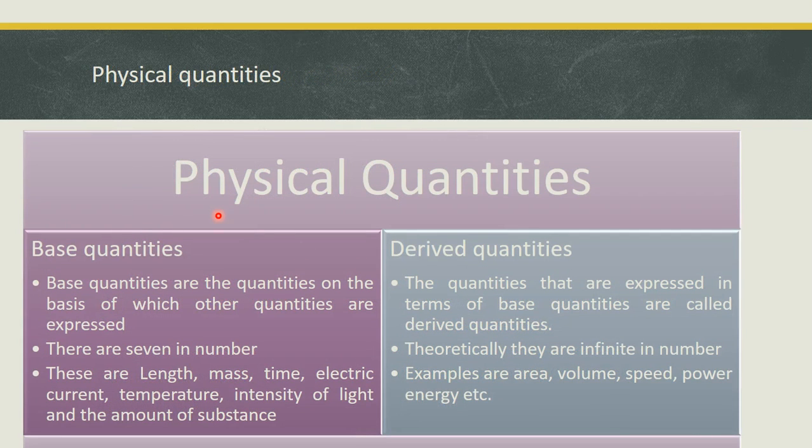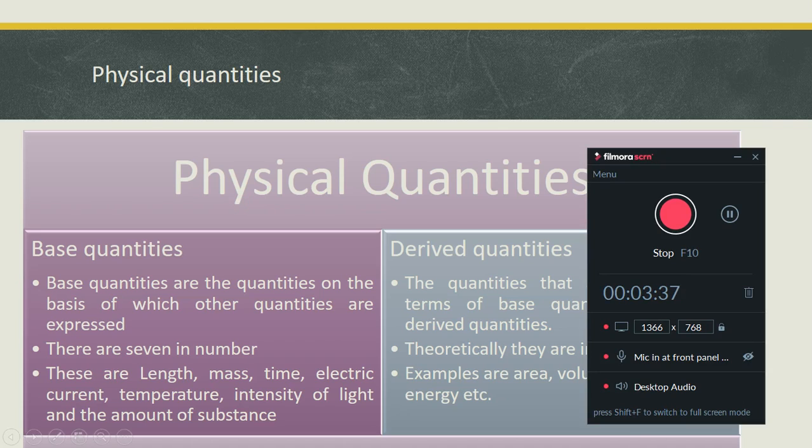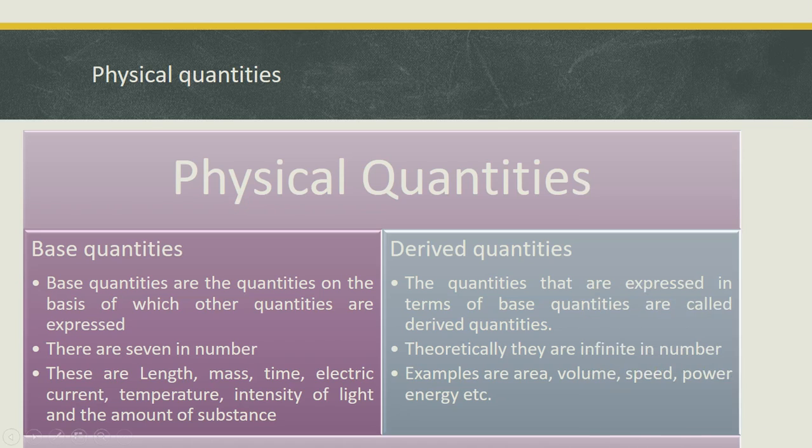Similarly, physical quantities are divided into two types. The first is base quantities, and the other is derived quantities. Now what are base quantities? Base quantities are the quantities on the basis of which other quantities are expressed. Means those quantities which do not depend on any other quantity; they are independent quantities and they are defined by themselves.